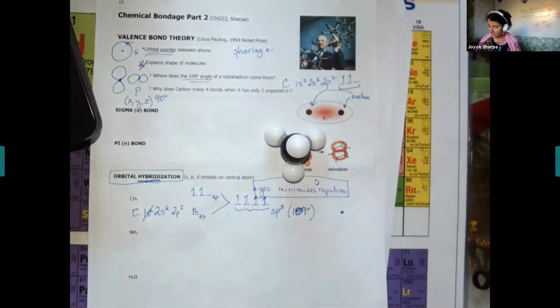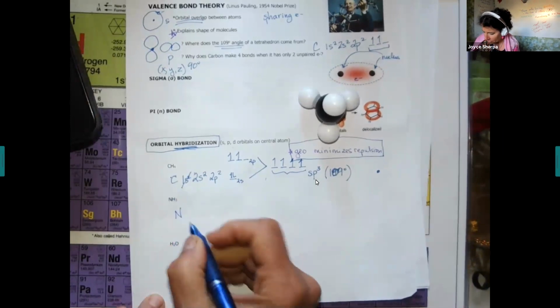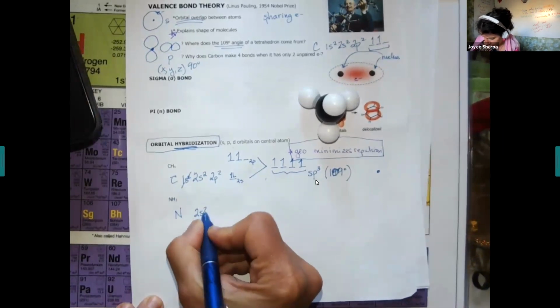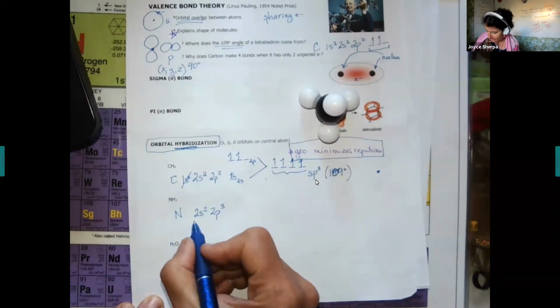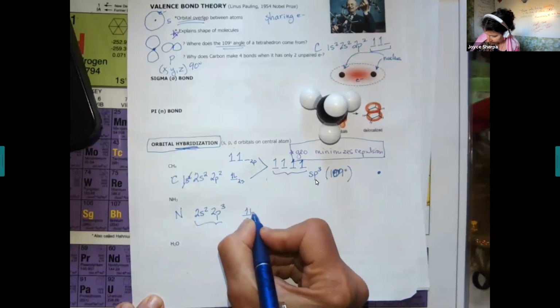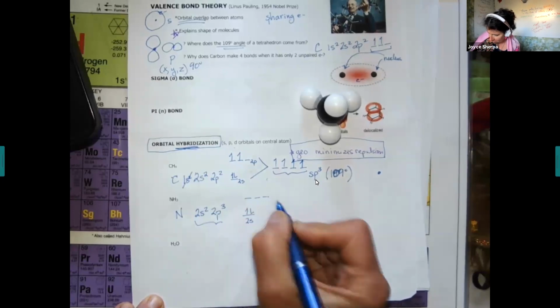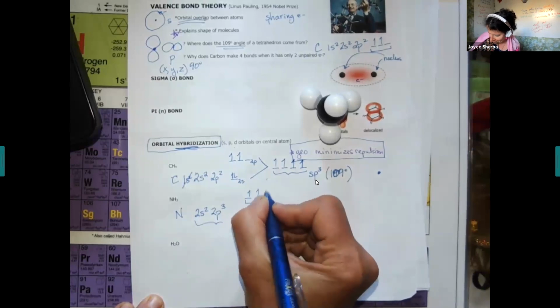Now, before I go on, so with NH3 and H2O, it's the same idea. We can actually do all of these since I made the space. So with nitrogen, we would have 2s2, 2p3, right? That's our 5 electrons. So we'd have the 2s and the 2p. Should be bringing back fond memories.